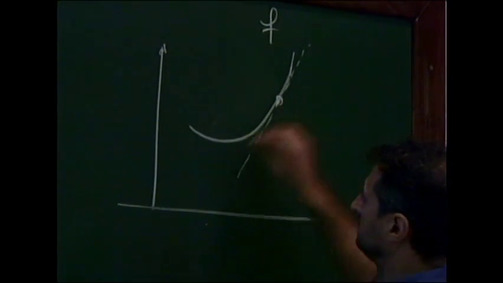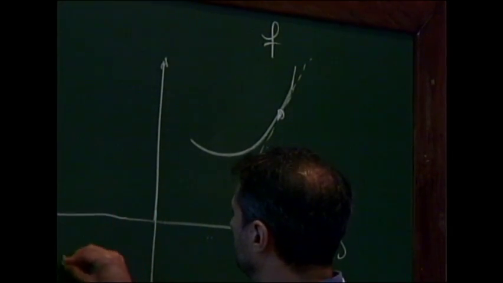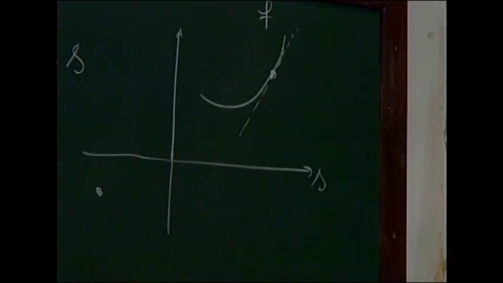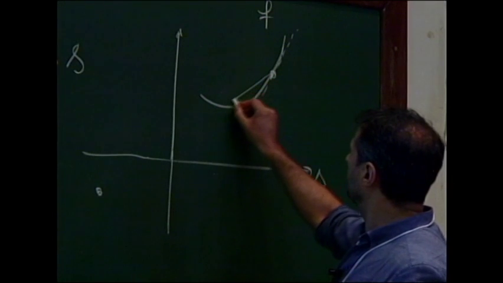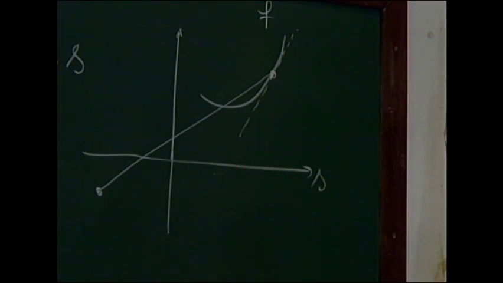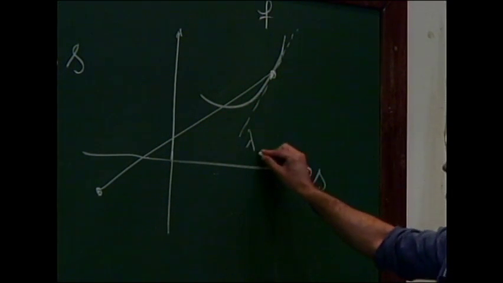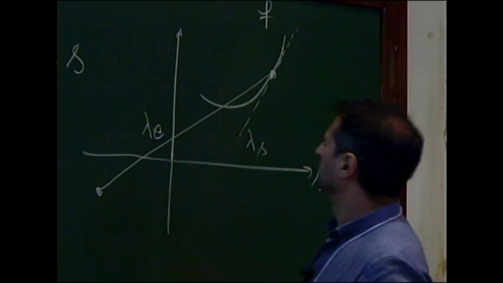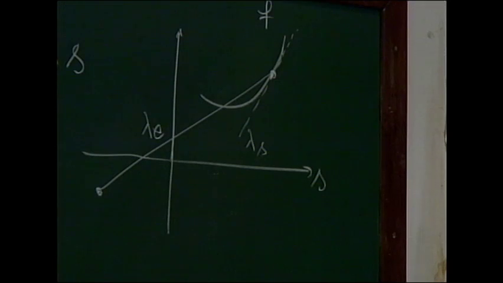For instance, if we have our point here, I'm assuming both omega are negative. So the other eigenvalue is this slope. I call this one lambda s and this one lambda e.